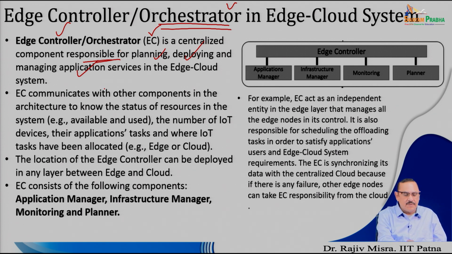So, this particular edge controller often communicates with other components in the architecture of an edge cloud system to know the status of the resources in the system, that is, whether the resources are available or not.